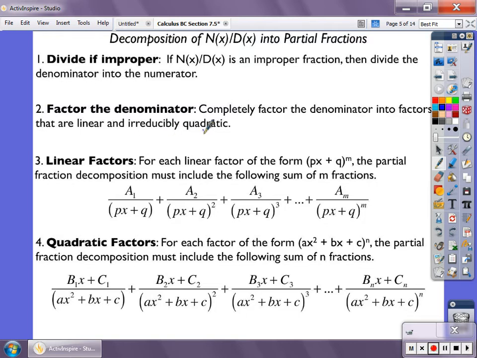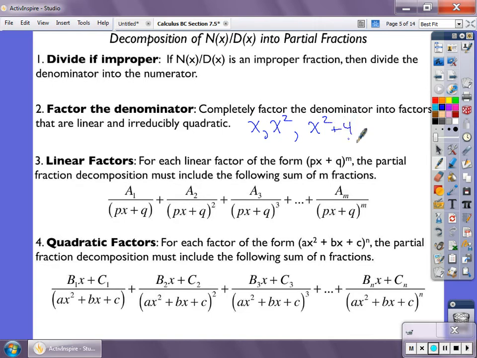So something like x squared minus 2 or x squared plus 4. X squared minus 4 is not irreducibly quadratic because you can factor that into x minus 2 and x plus 2. So we're looking for things like x squared plus 4.